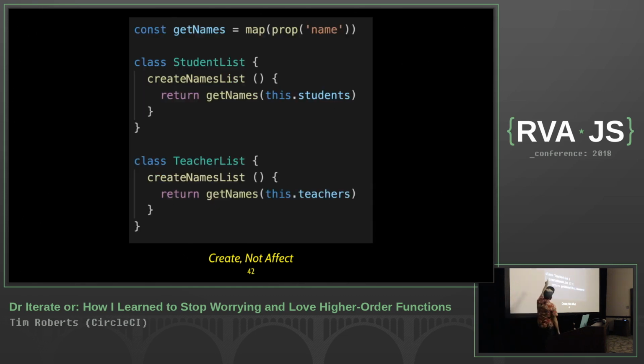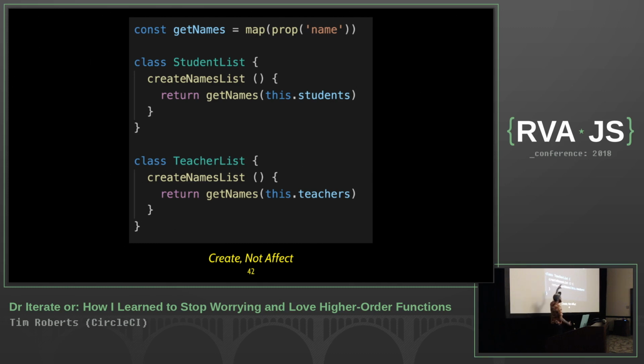Using that, now I get to say something really interesting. I'm passing around the idea of getting names. I'm passing around the idea of iterating over a data structure and transforming each item.